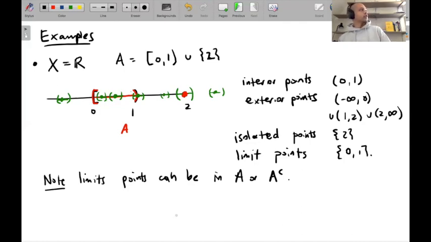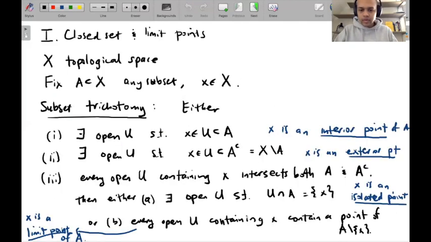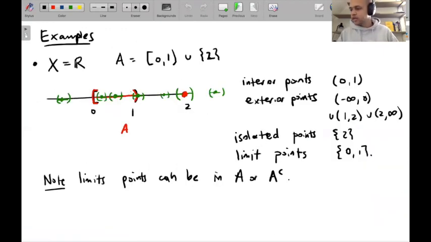So both are possible. So interior points are always in A, exterior points are always in A complement. Isolated points are always in A by definition. But limit points can be in one or the other. Okay.